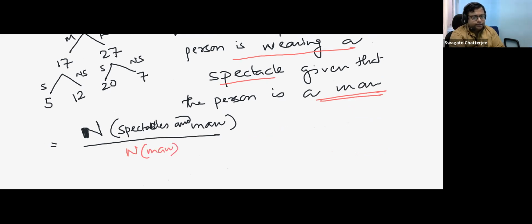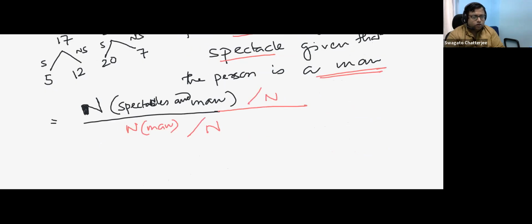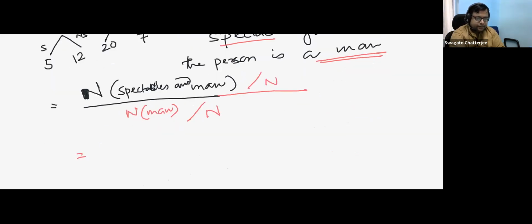And in the numerator, what will come is the number of persons with spectacles and man. Now, if I divide by the total number of persons at the top and the bottom, both, what I get is the probability of spectacles and man divided by the probability of man.